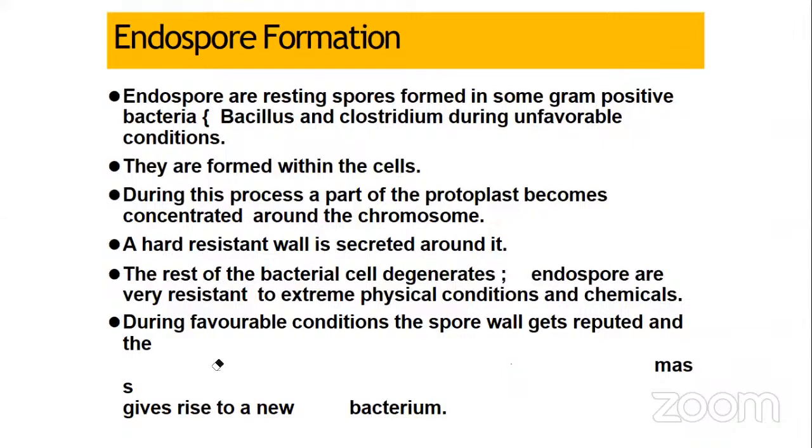So what are the unsuitable situations? Maybe high temperature, low humidity. These are the unfavorable conditions. And also lack or scarcity of nutrition. These are unfavorable conditions. In this situation, what happens?